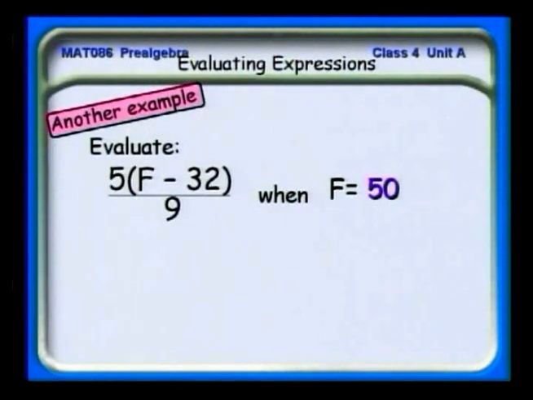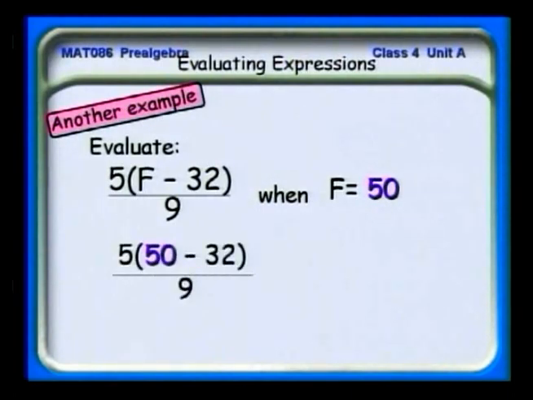Let's try it with this one. 5 times f minus 32 divided by 9, where f is 50. So what I do is I plug the 50 where I had f. Now I have a purely numeric expression, and I can continue to evaluate it numerically.